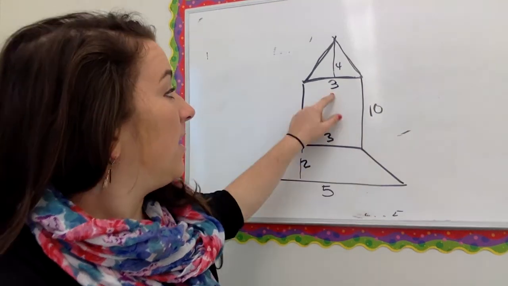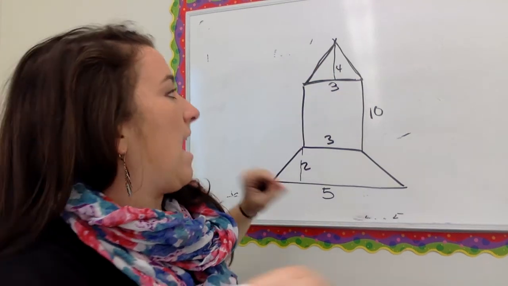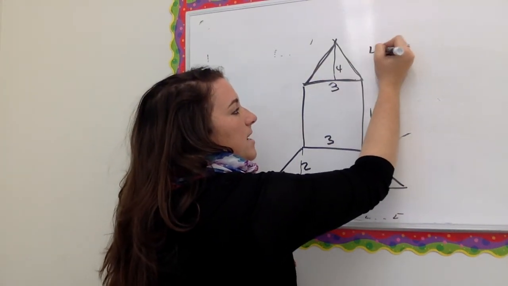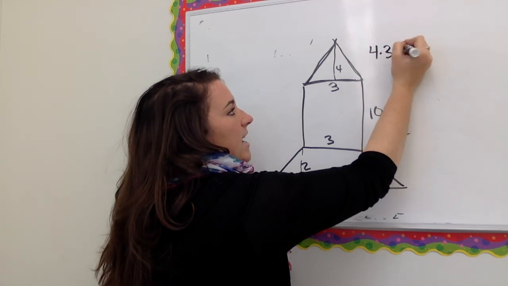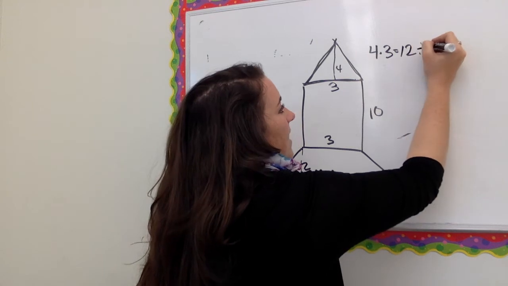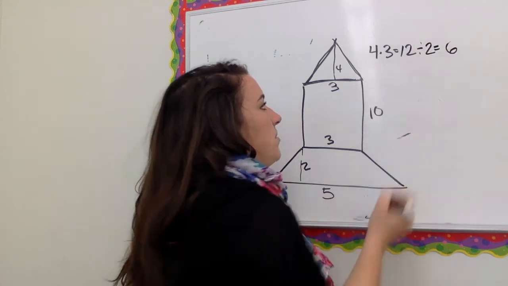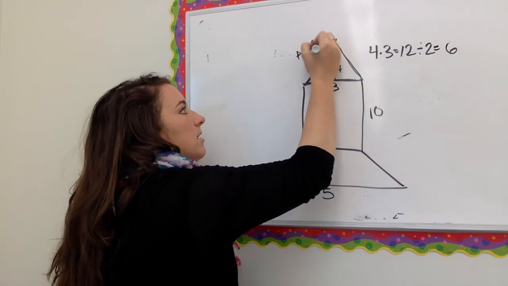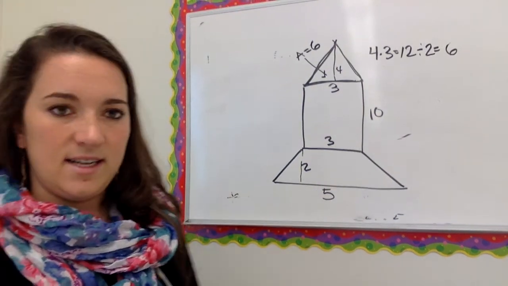Now I'm going to use the base and the height to figure out the area of the triangle. So I'm going to multiply 4 times 3, our base times our height, and get 12. Then I need to divide it by 2 to find the area of the triangle, which will get us 6. So the area of this triangle up top is 6.